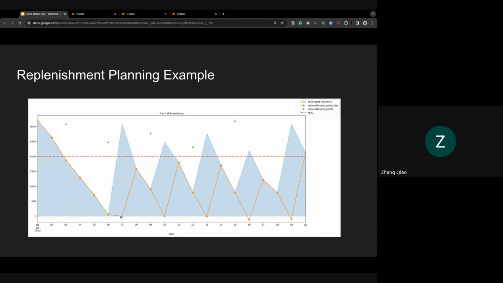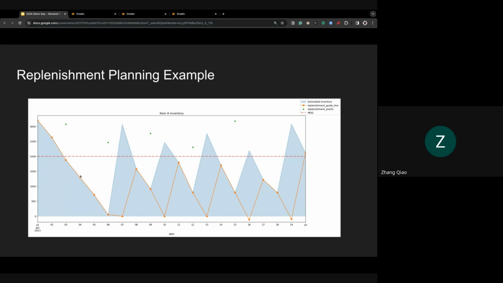So for example, if the model suggests that on 7th of January there is a very high chance that you will sell out everything, considering 3 or 4 days lead time, on 3rd of January you are supposed to plan the replenishment already, or make the reorder already, even though at this point you still have quite a bit of inventory left in your warehouse.